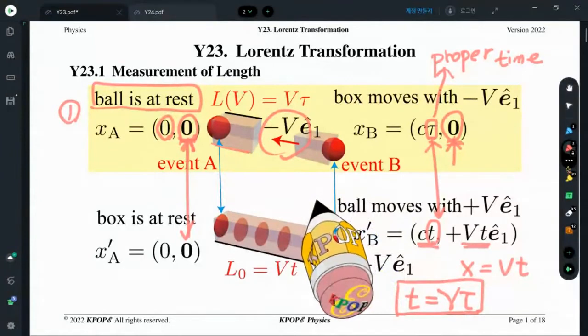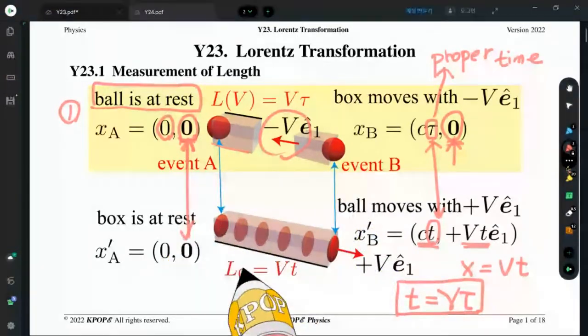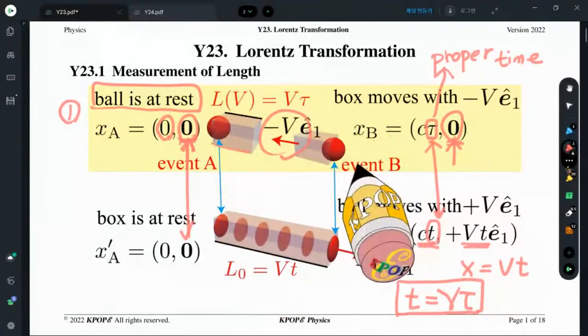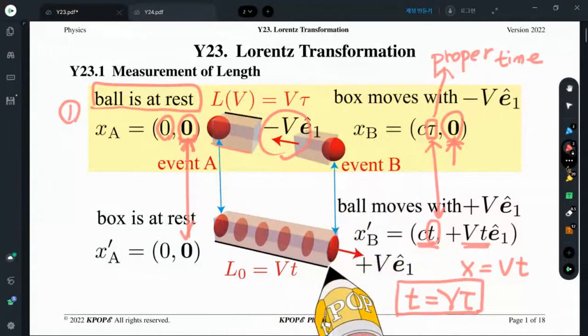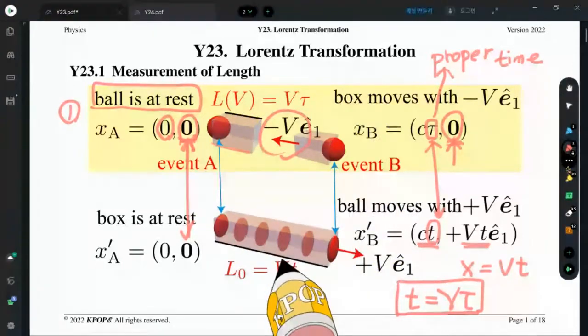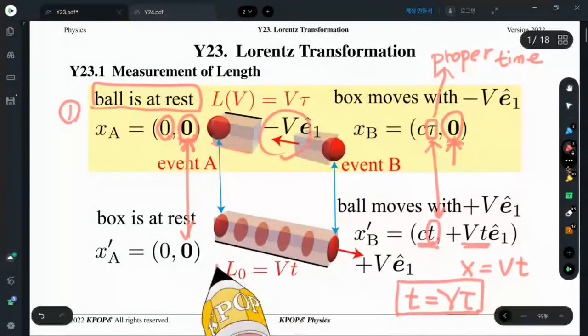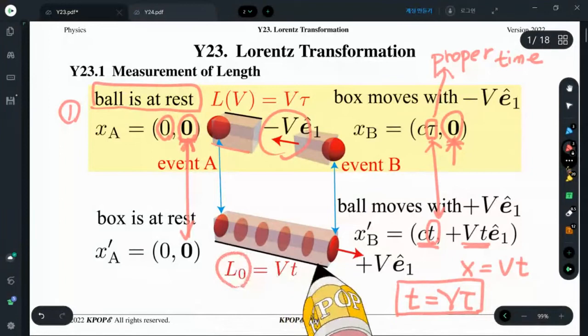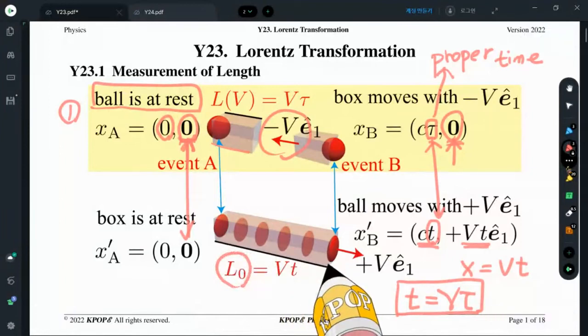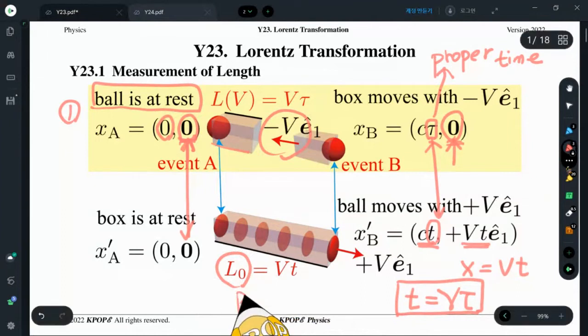On the other hand, if you describe this motion in a frame where the box is at rest, then the ball is moving. The box has the length L0 in the frame where the box is at rest. We say this L0 is a proper length.